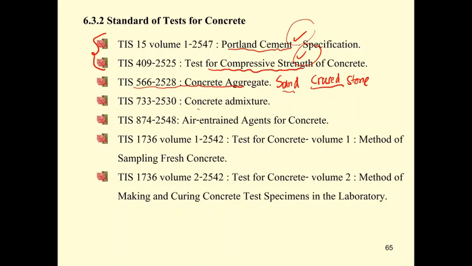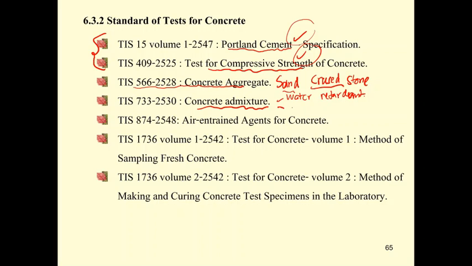And also there is the concrete admixture, for example, the water reducing agent. That is going to reduce the amount of water and increase the workability of the concrete without increasing the water.